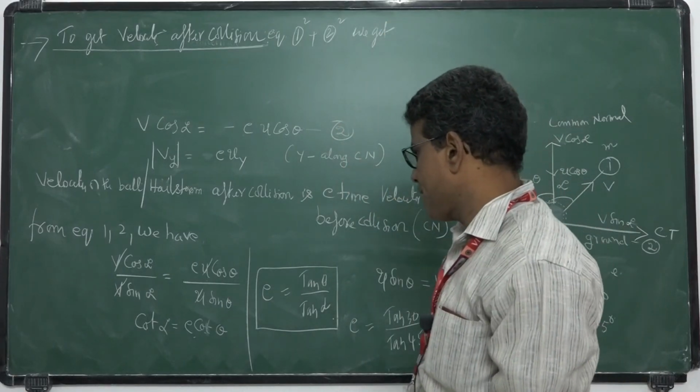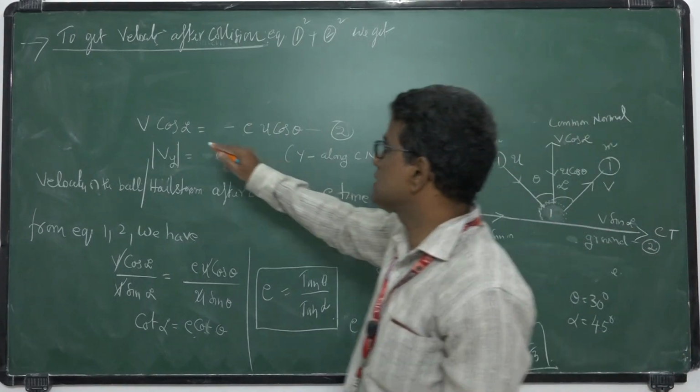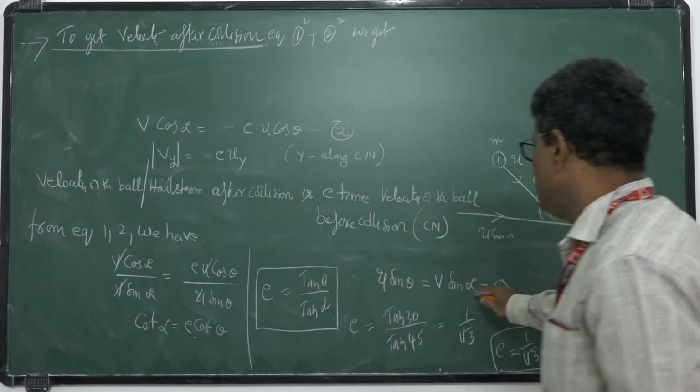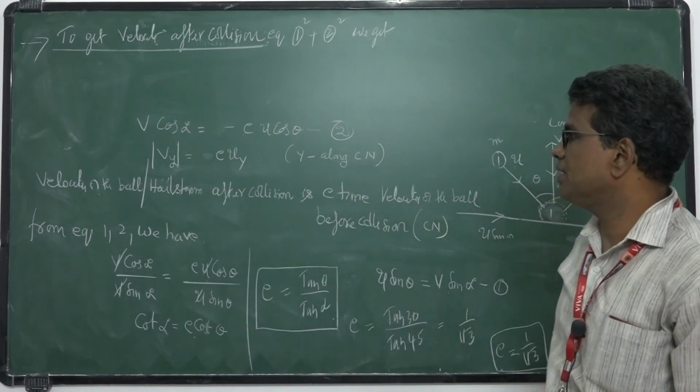Here in equation 2, we have V sin alpha and V cos alpha. Squaring, sin square alpha plus cos square alpha becomes 1.